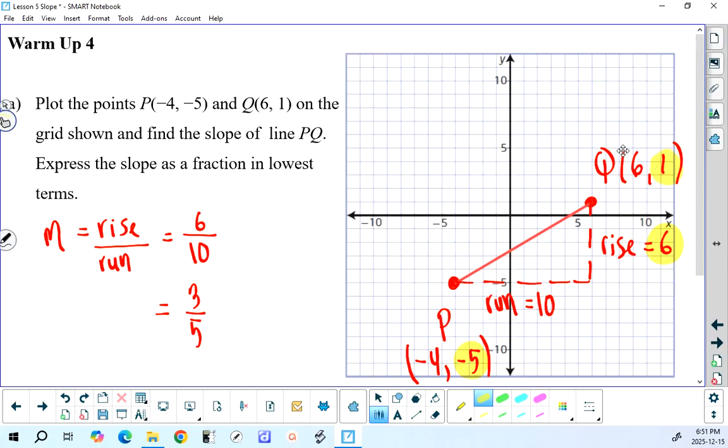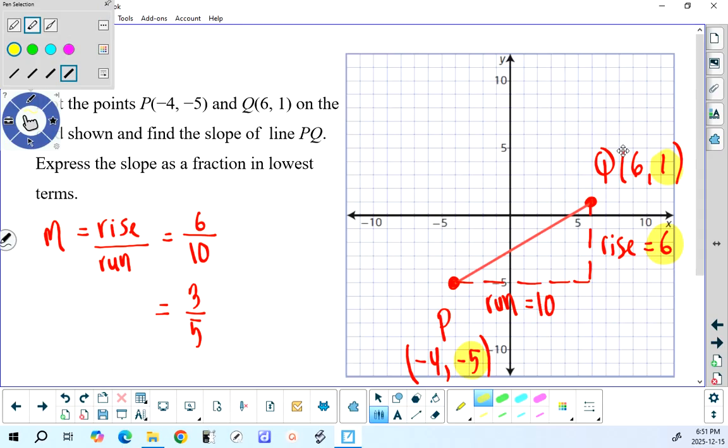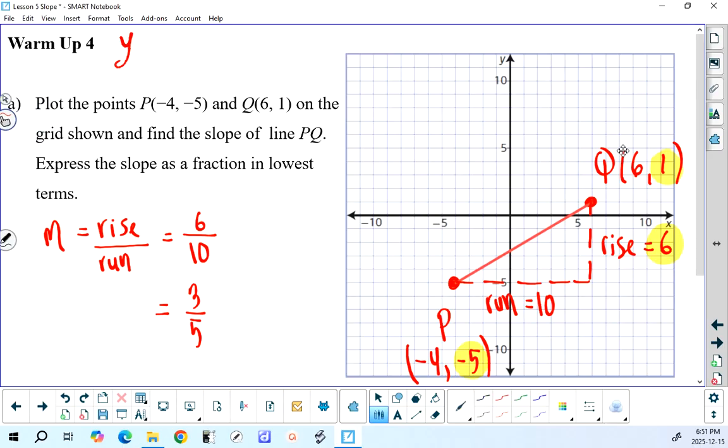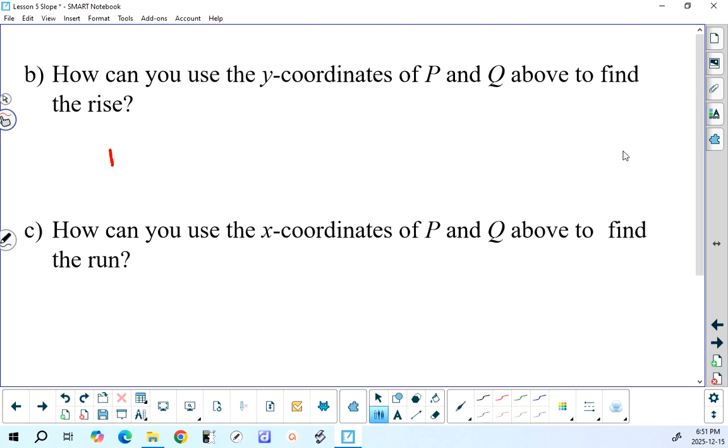And the answer is you can subtract them. If I take the y-coordinate of Q, and subtract the y-coordinate of P, what will that give me? It will give me 1 minus -5, and that gives me 6. So the rise, and this should make sense because rise is change in y, the rise is the y-coordinate of Q minus the y-coordinate of P.